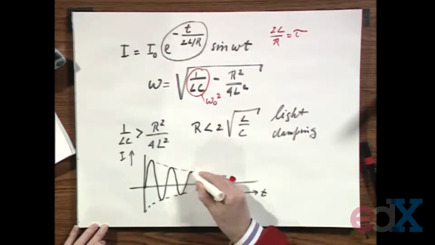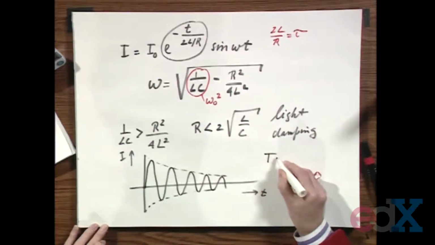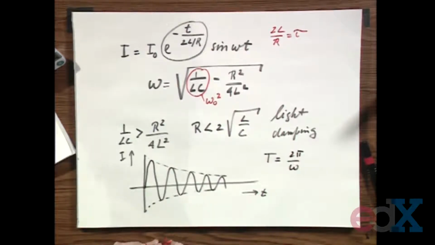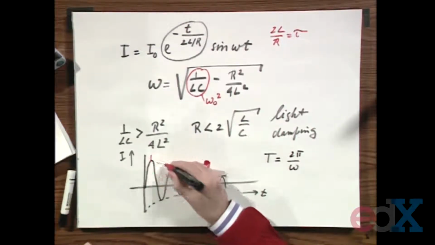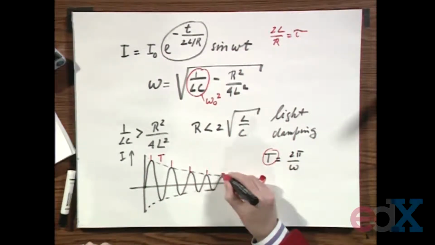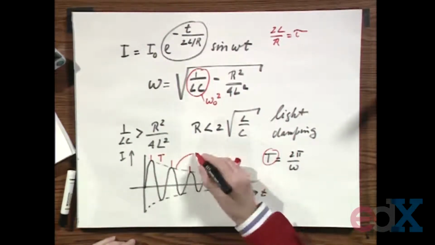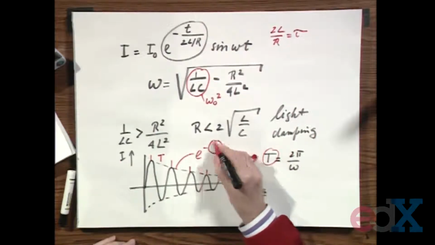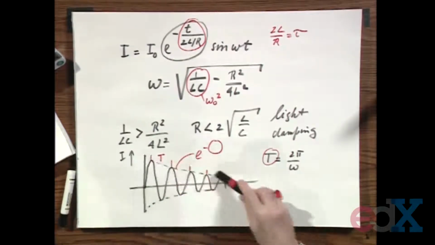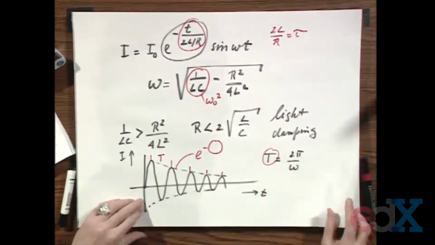The zero crossings are equally spaced with a period T, which is 2 pi divided by omega. And these periods T remain constant. And this curve here is this e to the minus t over tau, this exponent. So this is the envelope which squeezes down the current.